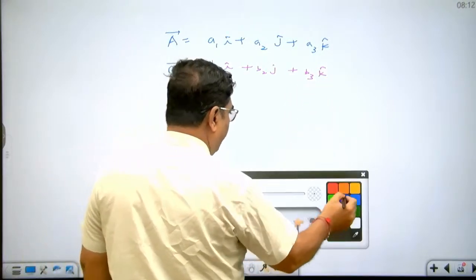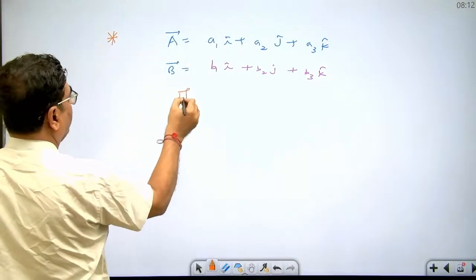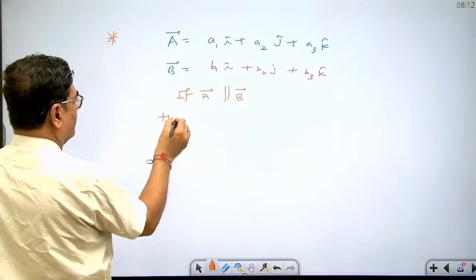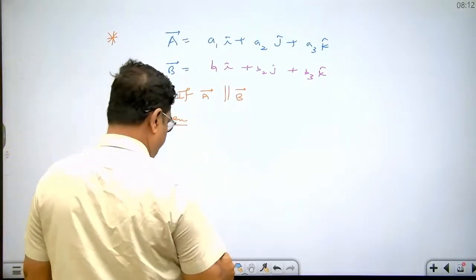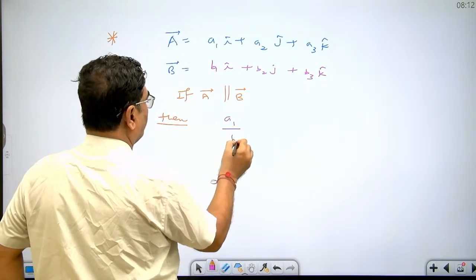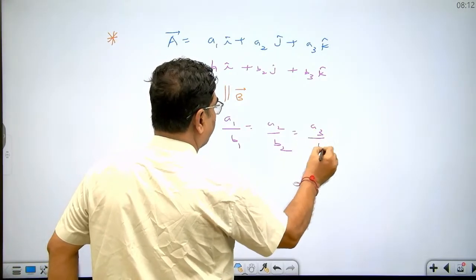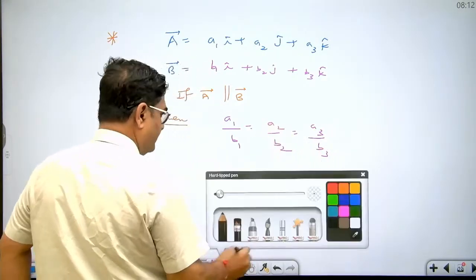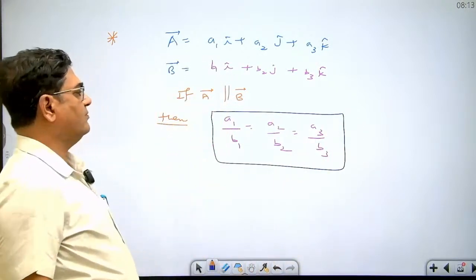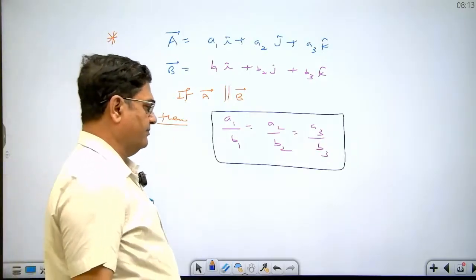Dear student, if a vector and b vector are a set of parallel vectors, if a is parallel to b vector, then this condition will be satisfied: the ratio of coefficients of i cap, j cap, k cap will be same, means a1 upon b1 will be equal to a2 upon b2 will be equal to a3 upon b3. So you can solve, if two vectors are parallel vectors, you can find the missing term.